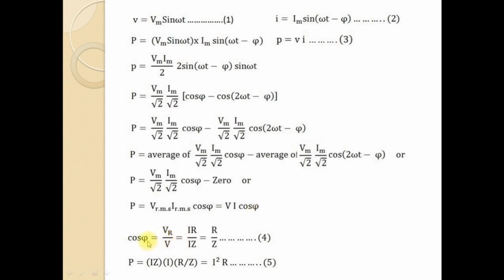Cos phi is equal to VR by V, because VR is given by capital V into cos phi. So here it can be substituted by IR, and here it can be substituted by IZ.